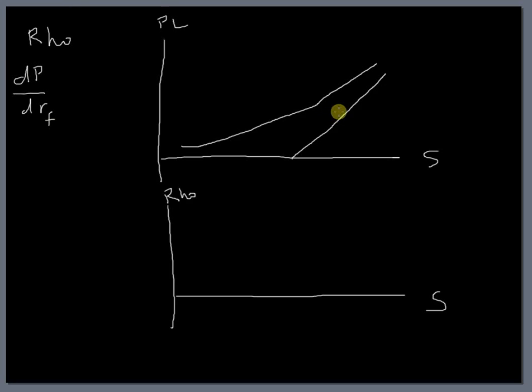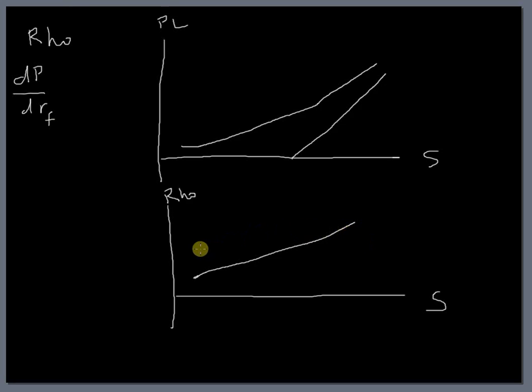So rho for a long call will always be positive. When spot moves higher, we are shorting more. So rho for a long call is always a positively sloped line, and the longer the maturity, the longer the period we can deposit in the bank.